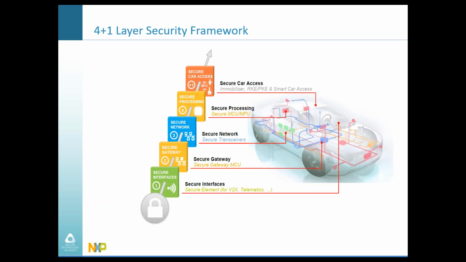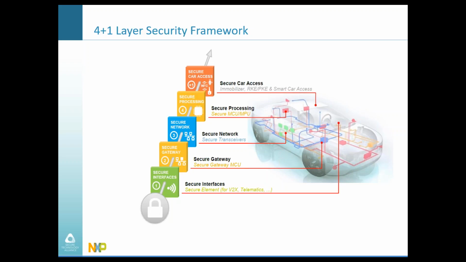As we think about that, we are looking at security as a 4+1, a layered framework for the vehicle that begins with your secure access to the vehicle, as many of us now have key fobs that we use to unlock and lock the vehicle. And more higher-end vehicles now have even different features, whether it's using a card, a fob, or a different type of token to access the vehicle.